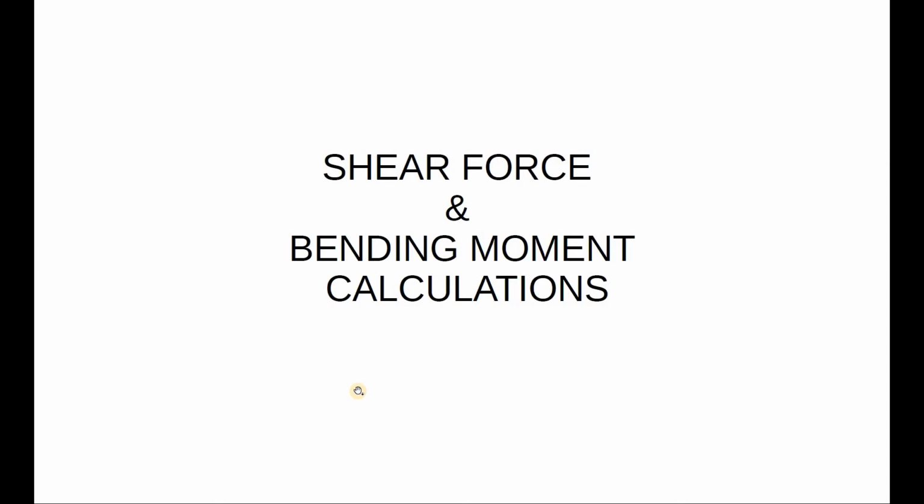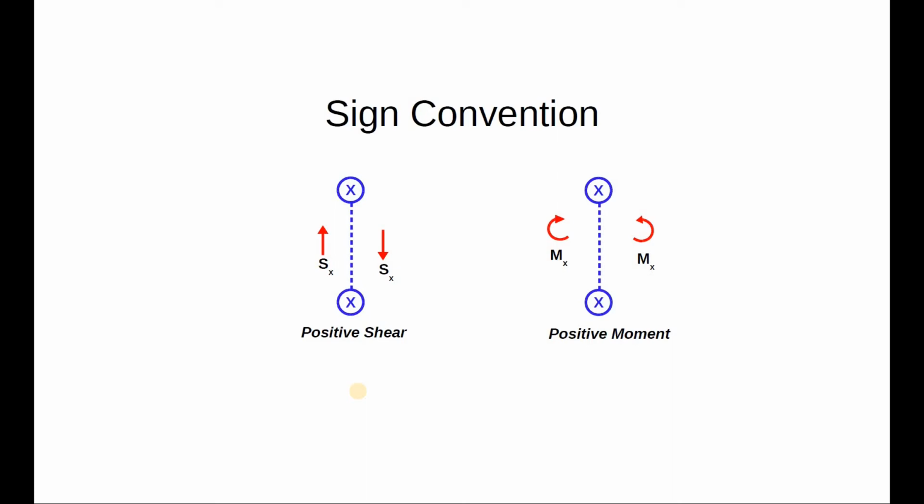Now that we have determined the reactions, let us calculate shear force and bending moment in the beam. Before we dive in, we need to understand the sign convention. The way that shear force and bending moments are calculated within the beam is that we take an imaginary section that passes within the span of the beam. We can go from left to right or right to left.